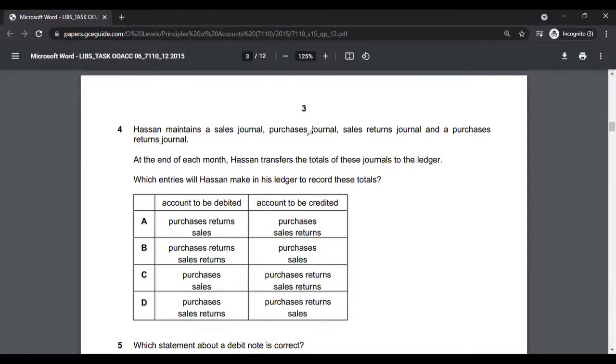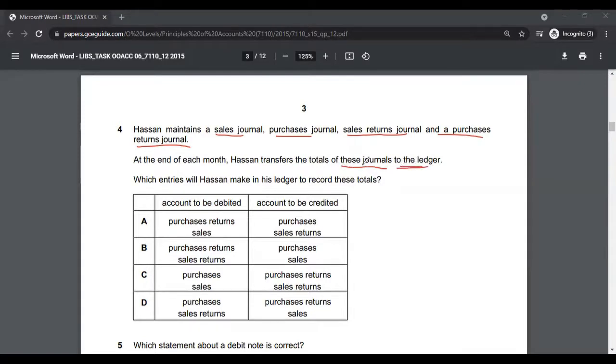Multiple choice 4. Hassan maintains a sales journal, purchases journal, sales return journal, and a purchases return journal. At the end of each month, Hassan transfers the totals of these journals to the ledger. Which entries will Hassan make in his ledger to record these totals?